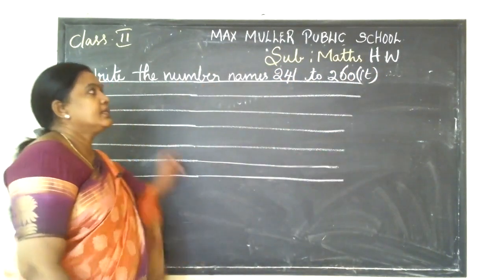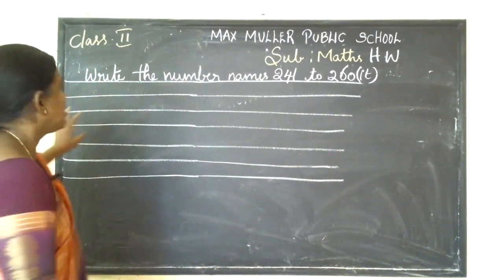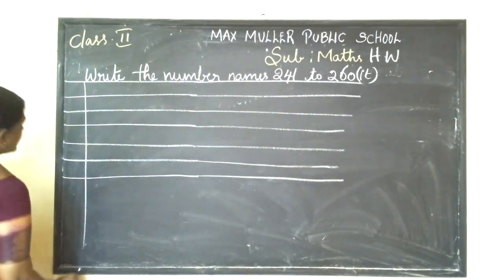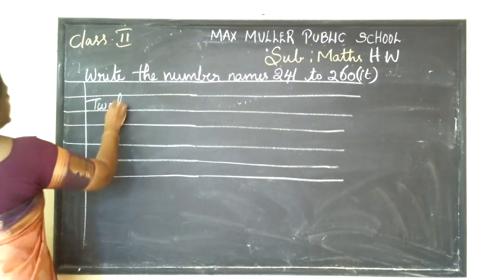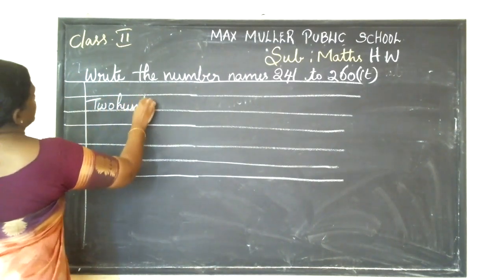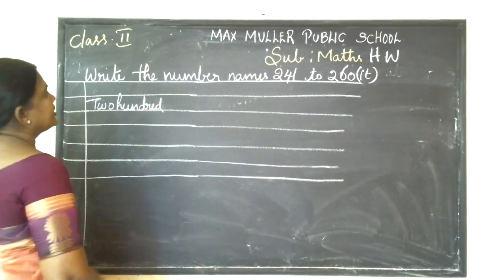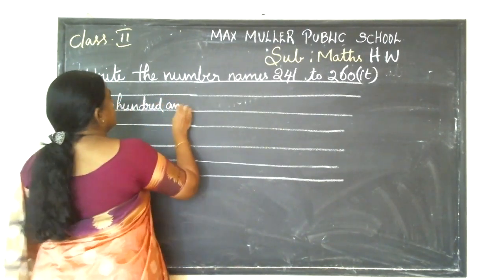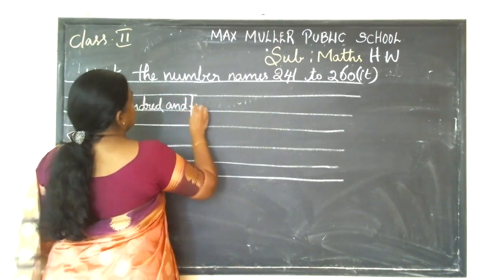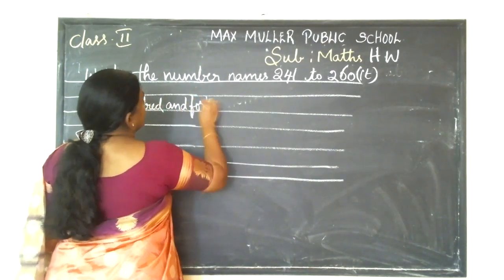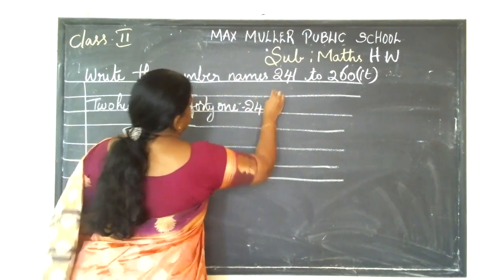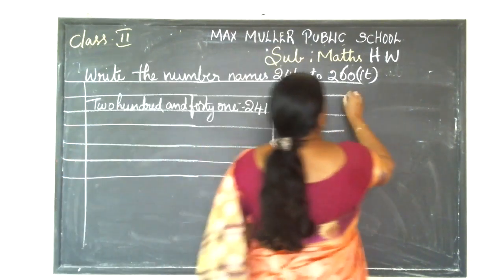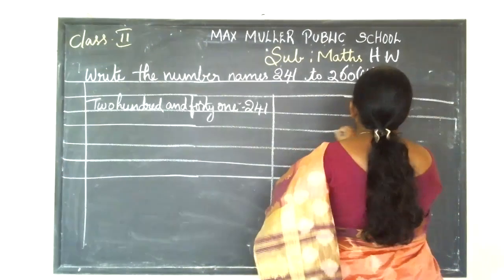One time you want to write in the fresh page. 241, already I said, no. After red line, leave one line and start from here. 200 spelling without spelling mistakes. 241. 41. Like that you want to continue one page only.